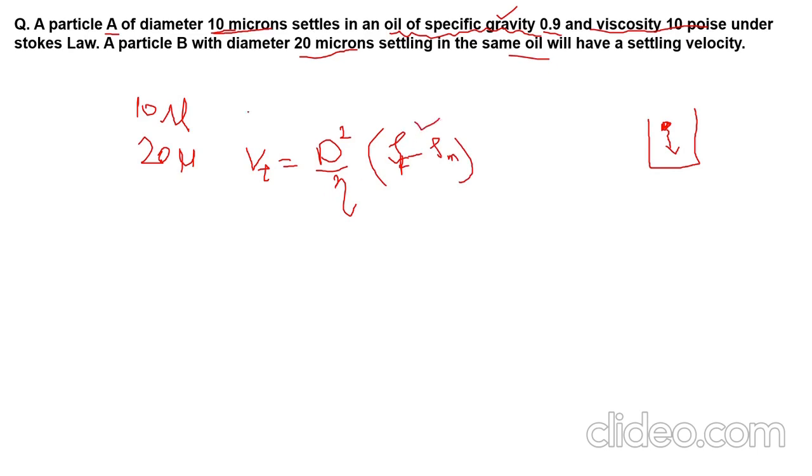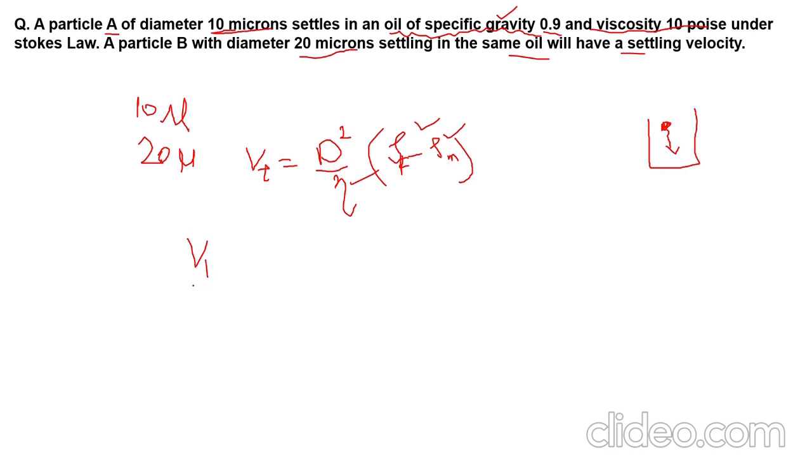The density of the particles is not changing, only the diameters are changing. So the density of the particle will also remain the same. The viscosity will remain the same. So we'll only discuss its effect on the diameter. So you have to calculate the terminal velocity effect, because we have to calculate a settling velocity.